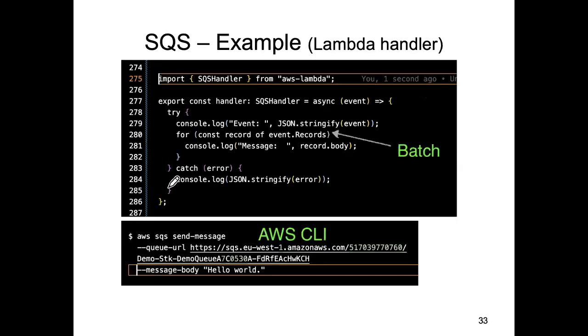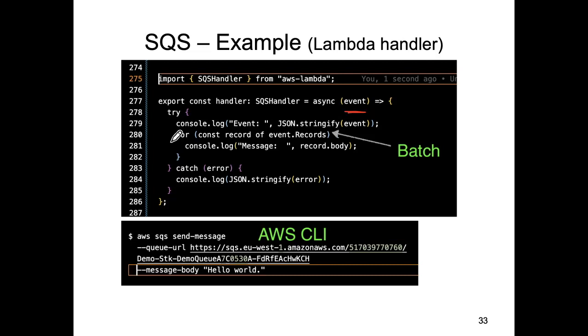Right, that's that. My Lambda function, this is my consumer in this case. The event in this case is going to be a batch of messages from my queue. I'm doing console.log of the event here, and I'll show you what that looks like on the next screen. But the important part maybe is this for loop here.